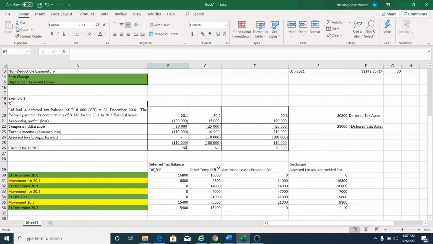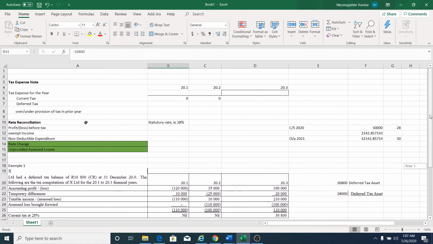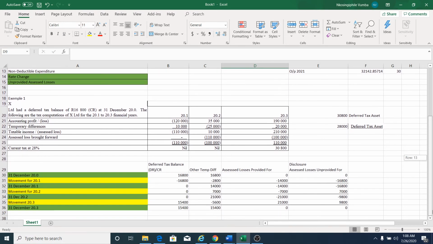For 20.1, the movement is 16.8, which is the deferred tax income. Then you need to come here and put through your deferred tax income of 16.8. And for 20.2, we don't have any movement, which is 0.